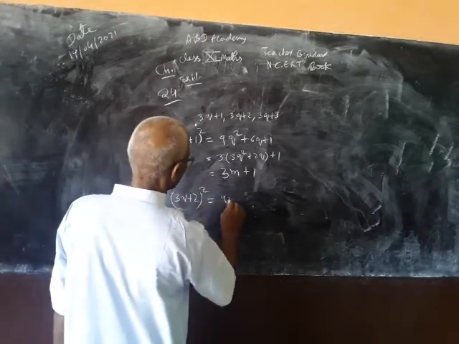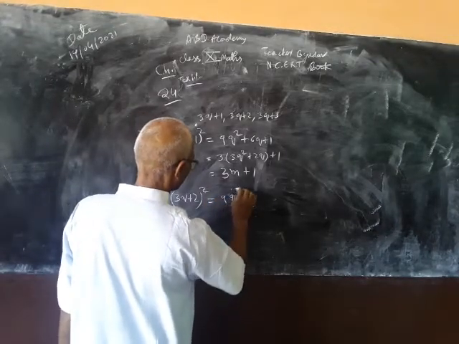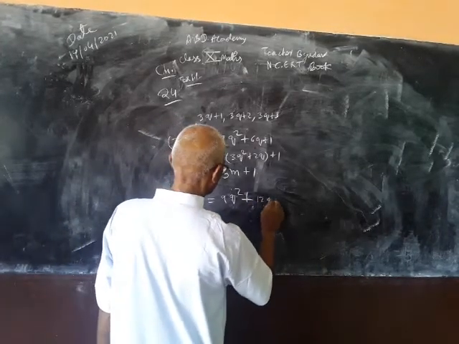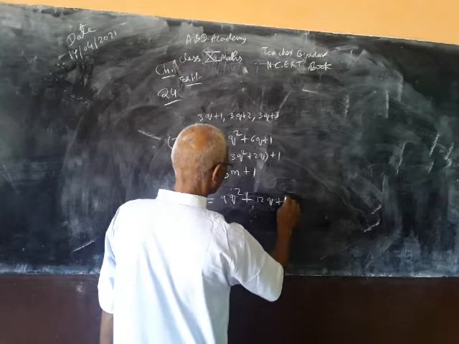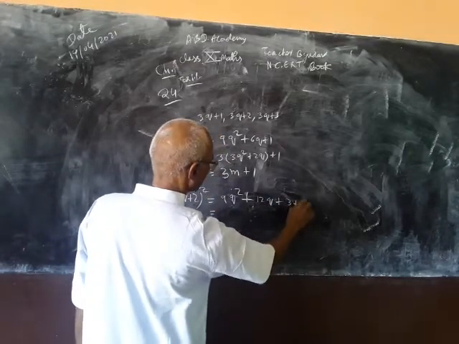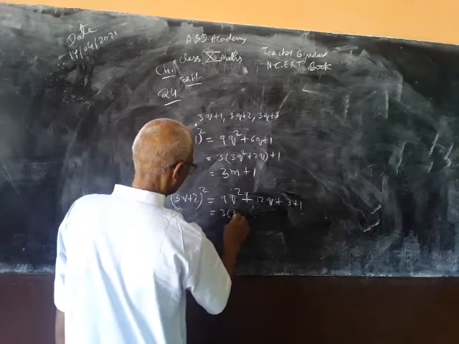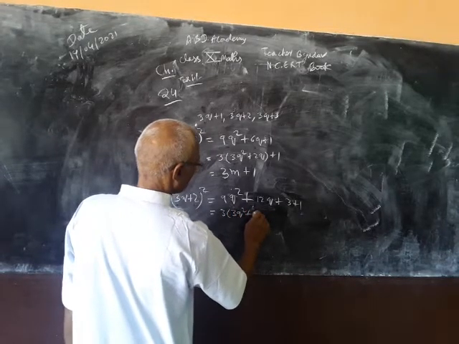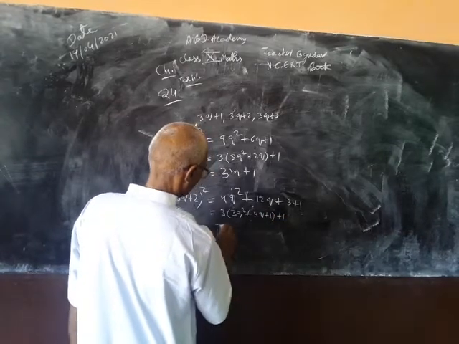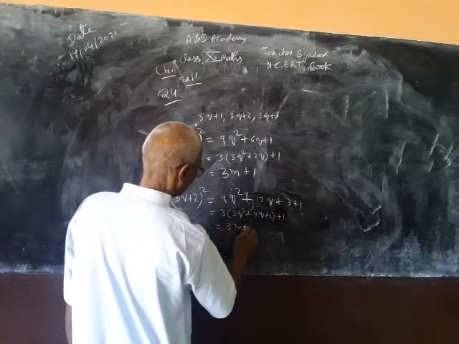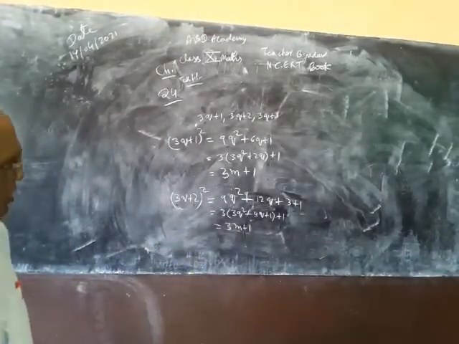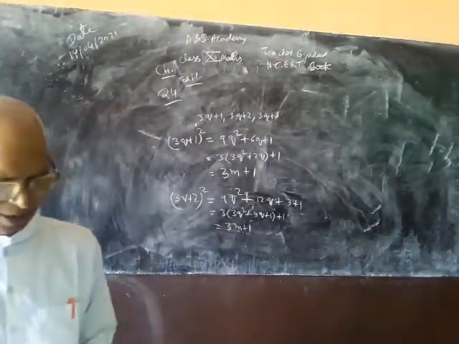It becomes 9q square plus 12q plus 4. Here 4 becomes 3 plus 1. By taking 3 common, 3 times (3q square plus 4q plus 1) plus 1, it is also again of the form 3m plus 1, where m is any integer.